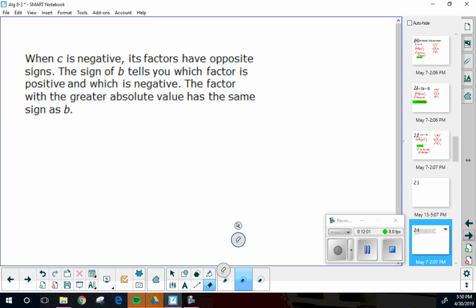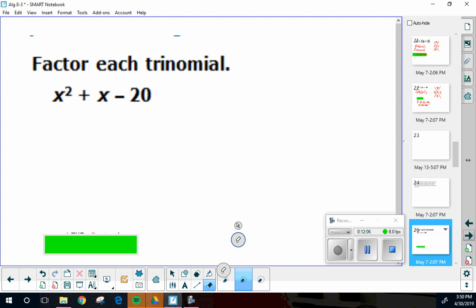And again, we just follow our rules, adding and subtracting and multiplying positive and negative numbers. So this one has a negative 20 up at the top, and in the bottom is just a 1. The coefficient of this x is a 1. We just don't write it. So in here we would have 5 and then negative 4.